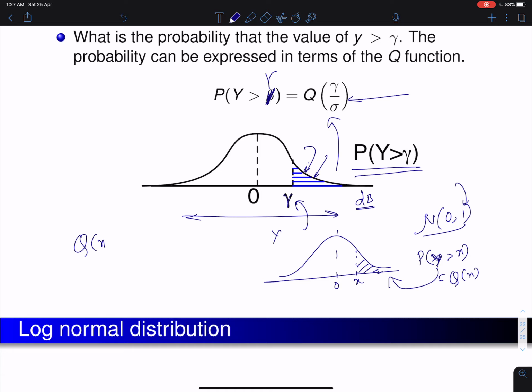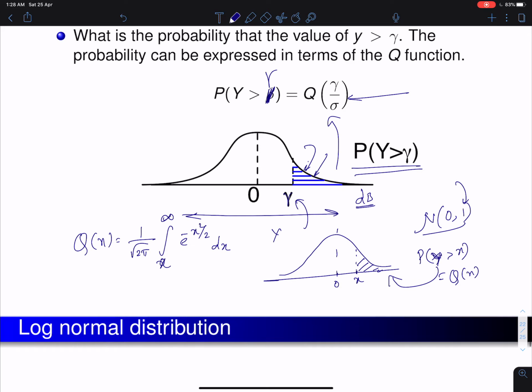So Q of x is defined for a normal distribution with unit variance and zero mean. Q of x is given by the integral from x to infinity of e power minus x square by 2 dx. Now what we are asking you to find here is for a Gaussian random variable with a finite sigma: 1 by root of 2 pi sigma square integral gamma to infinity e power minus x square by 2 sigma square dx.